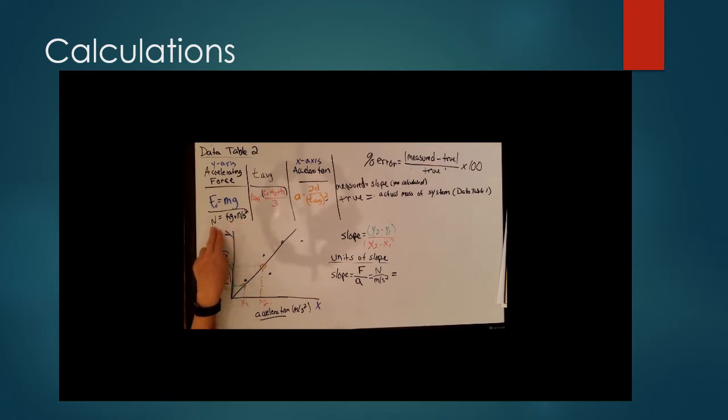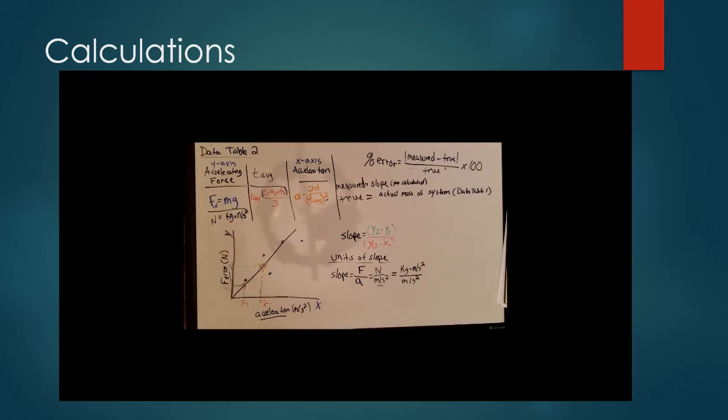So newtons is really the same as saying kilograms times meters per second squared. So I'm going to substitute the N in the numerator for kilograms times meters per second squared. And then on the bottom is acceleration, and the units on that, remember, were meters per second squared.